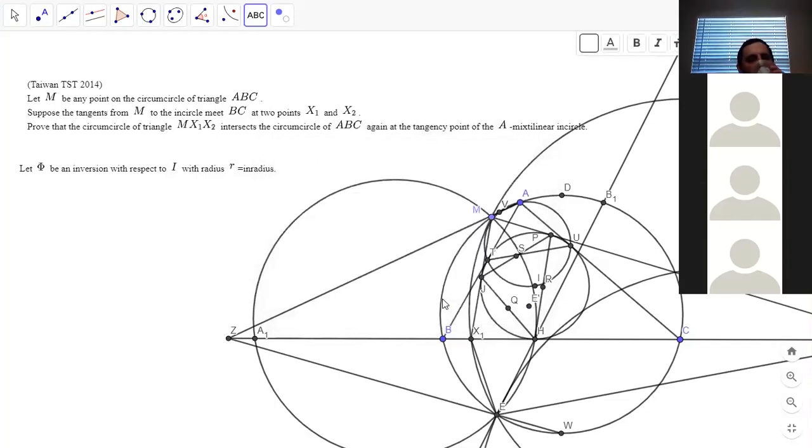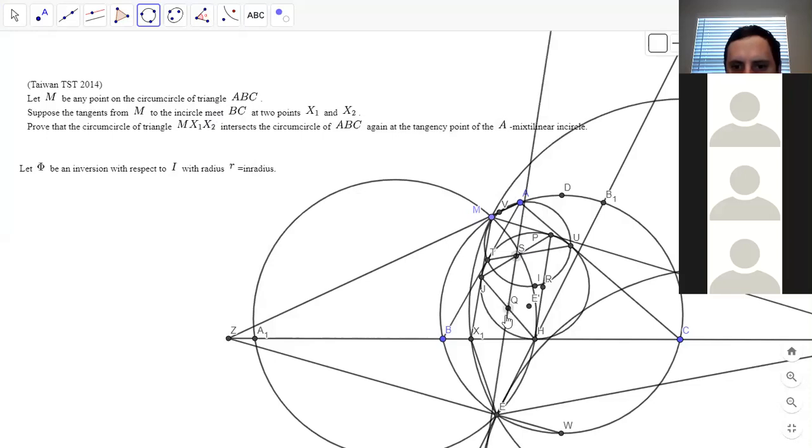Sorry about that. If we prove that S, Q, R, E prime are cyclic, then we are done. Okay. Sorry. SQR and E prime. Is that what you said? Yeah.